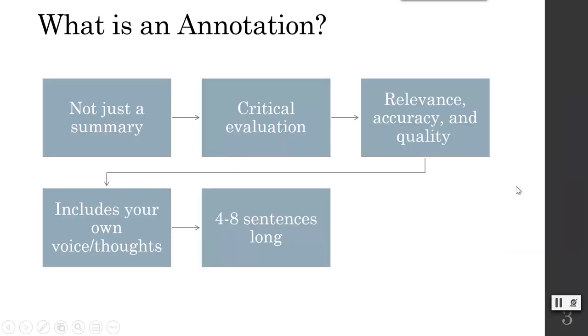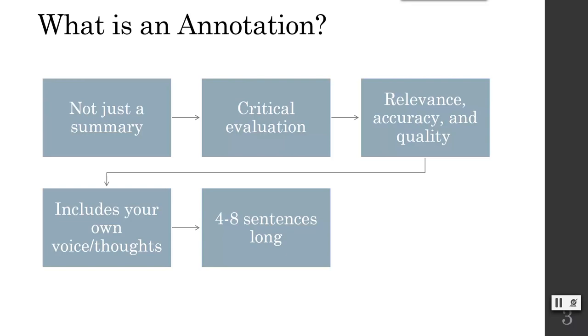So an annotation itself is not just a summary, it is a critical evaluation. It looks at the relevance, the accuracy, the quality of your article. It includes your voice and your thoughts, and it's about 4 to 8 sentences long, and that's likely to vary from information source to information source.